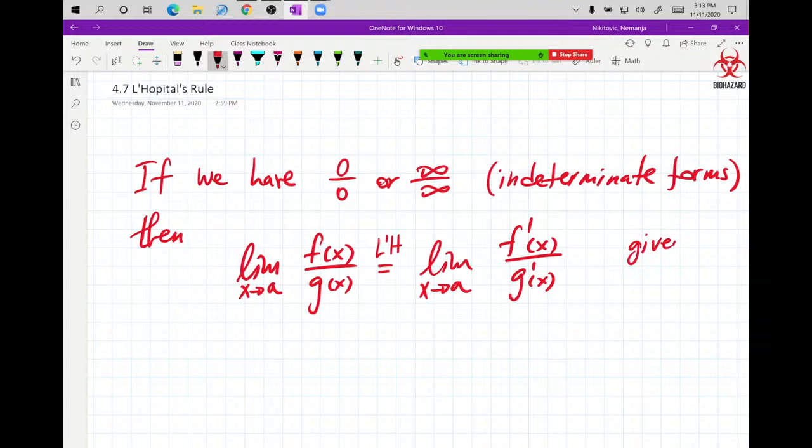Obviously, provided that g prime is different than 0, because we can't divide by 0.